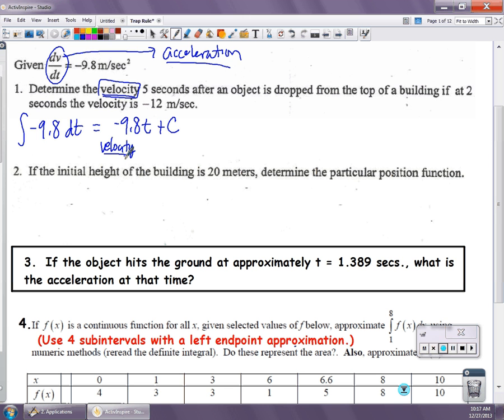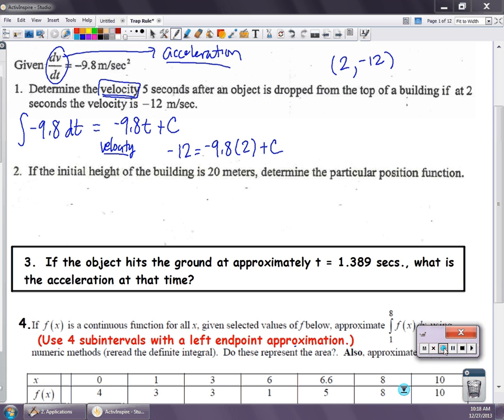And it's a general solution, so I need to use the information given. They told me that at 2 seconds the velocity is negative 12, so I'm going to use that to solve for c. So negative 12 is equal to negative 9.8 times 2 plus c, which will give me a c value.